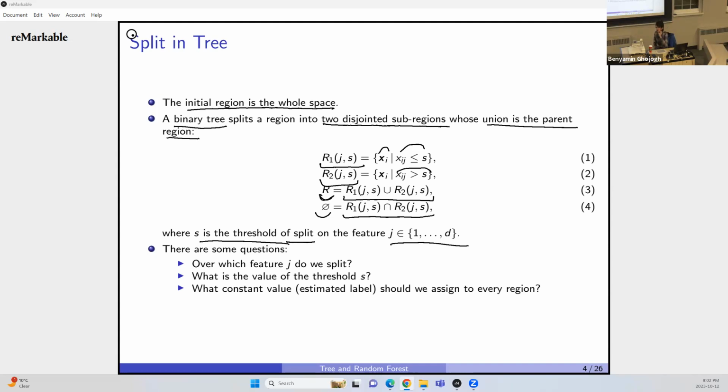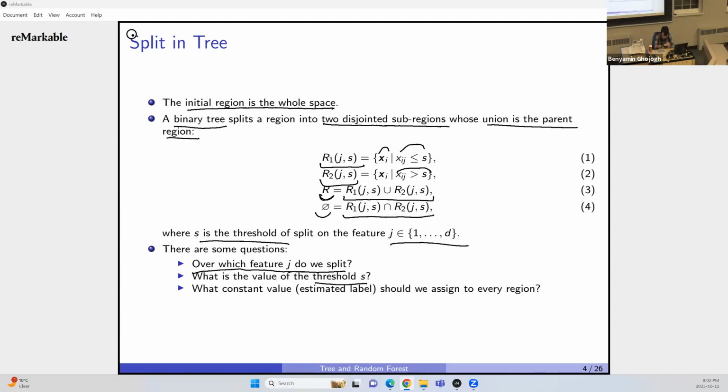Now there are some questions. Over which feature j do we split? That's one question. Another question: what is the value of the threshold s? Which threshold do I use?